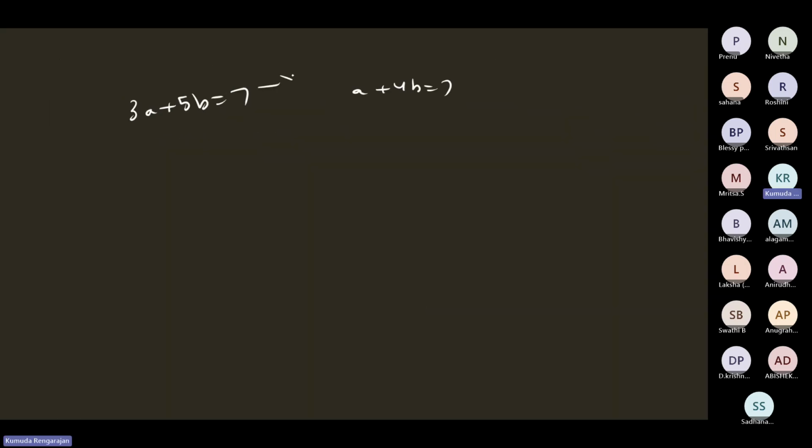So multiply this equation by 4 and this one by 5. So what will happen? 12a plus 20b is equal to 28, because 4 into 3 is 12. This will become 5a plus 20b is equal to 35.